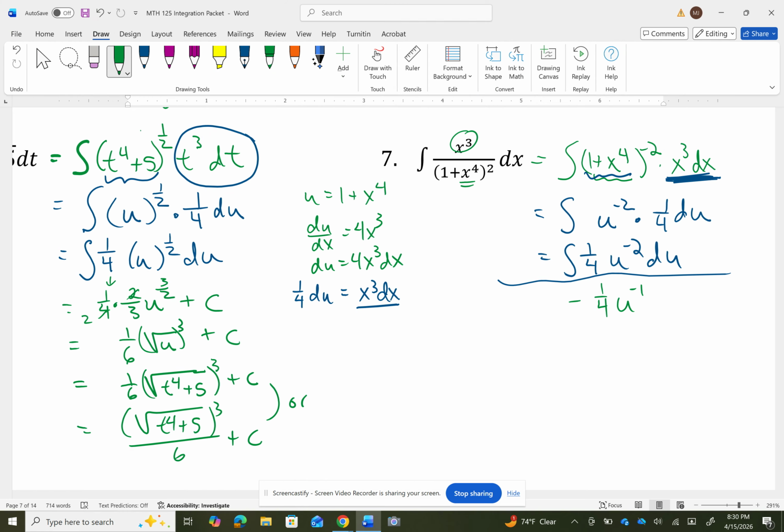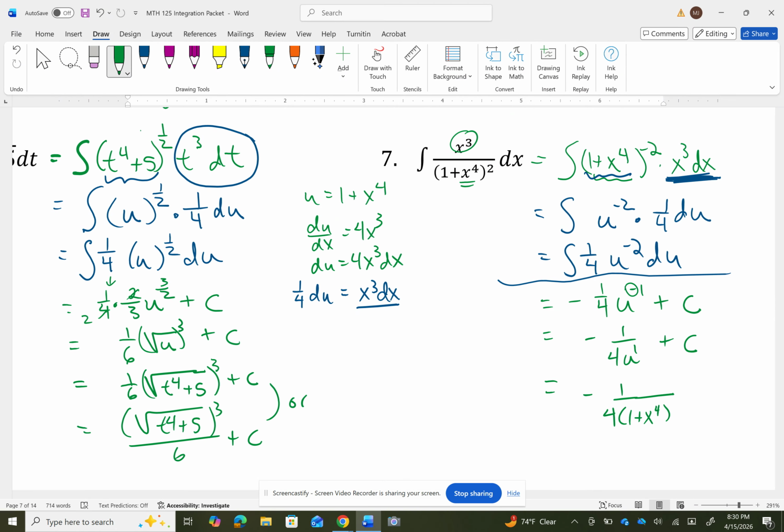All right, so that looks pretty good right there. I'm going to put a plus c on it. But I'm not finished because I need to get x's back in there. And it's also not okay to leave that negative exponent. So you might move that down to the denominator right now, and then go ahead and replace your u with the 1 plus x to the fourth.